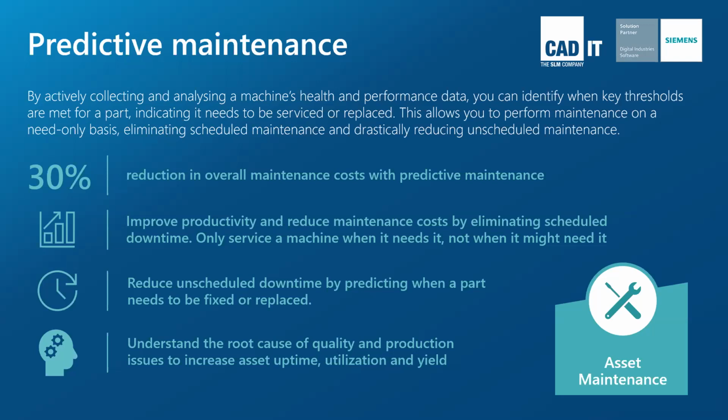And this ultimately can lead to understanding the root cause of quality issues and production issues with your process. So you can increase the uptime of your assets, improve the utilization and get better yield out of those assets over time. All of these use cases so far can come from the same connections from the same assets.